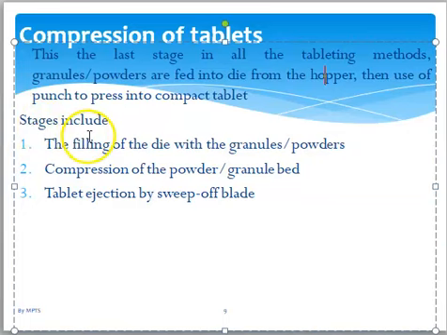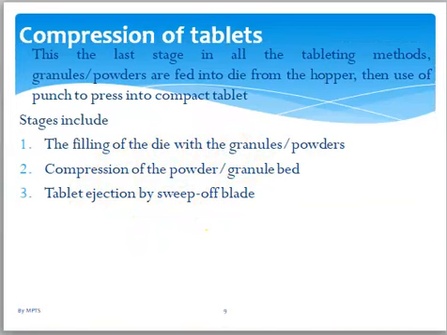Stages include filling of the die with granules, compression, and then tablet ejection by a sweeper blade. Of course, there are very many equipments which are used. For example, we can have a handheld one for compression. There is semi-automatic and there is an automatic one.